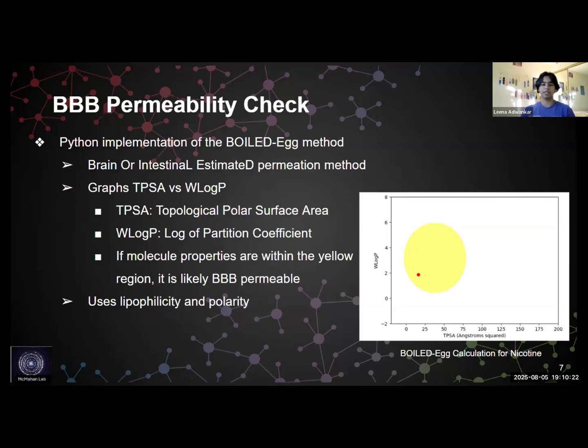Using this method, we can calculate the values based on the lipophilicity and polarity of the molecule, and then see whether it lies inside the yellow circle, meaning that it would pass, or not. Using this, we're able to check if our molecules are actually BBB permeable, which is really important for the patient actually receiving the drug.